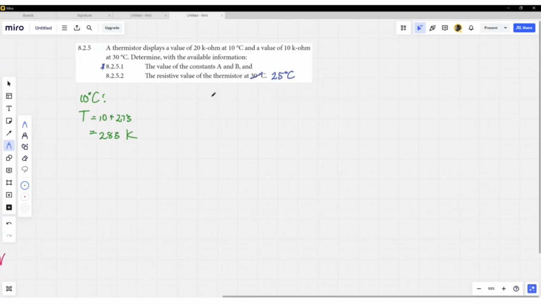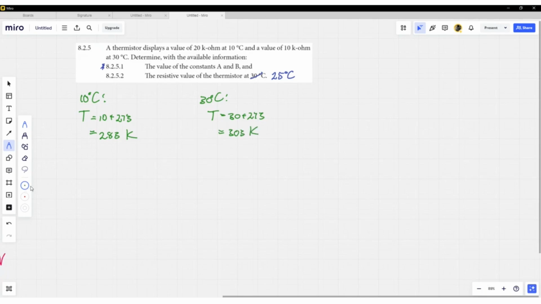And for the 30 degrees C, T plus 273, we already know that's going to be 303 Kelvin.